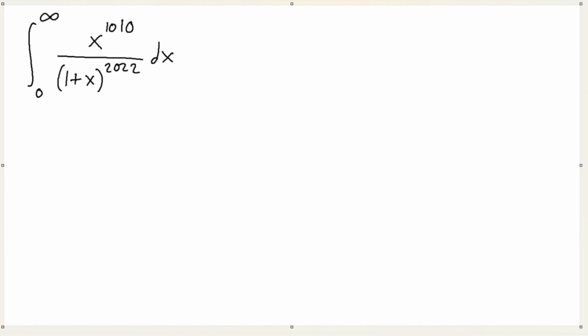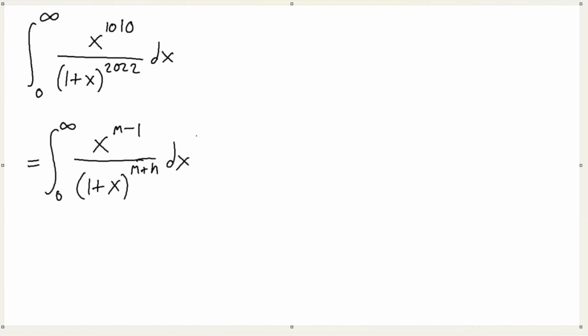Oh shiz! Do you remember the format of this integral? It was 1 plus x to the power of n plus n, x to the power of n minus 1, dx. Okay. So then this means that our beta function is 10, 11. Okay.